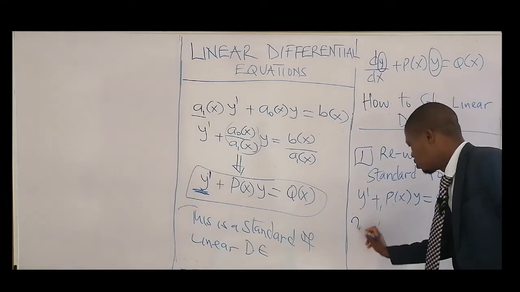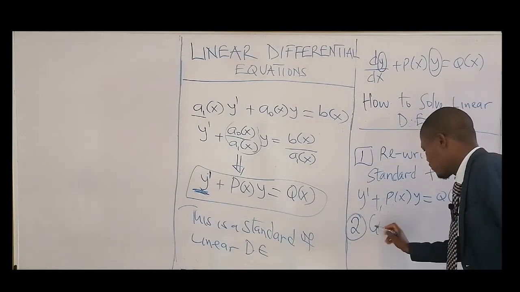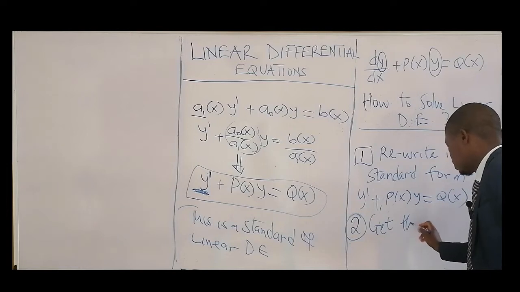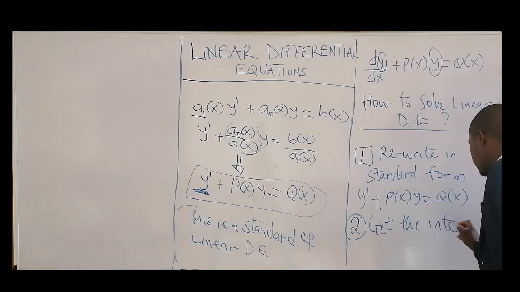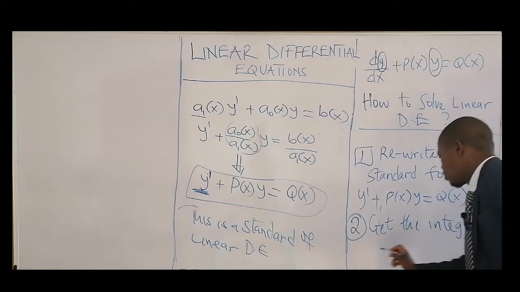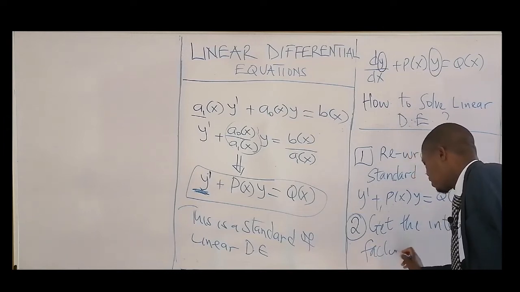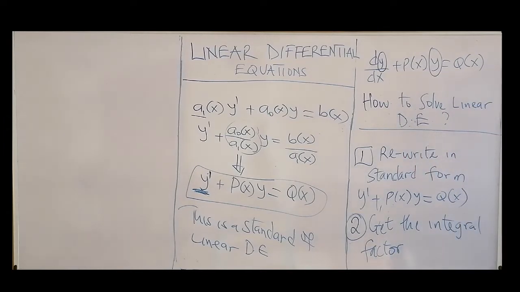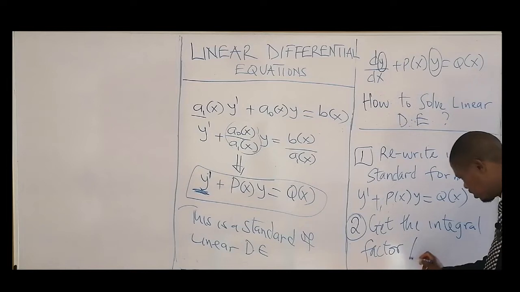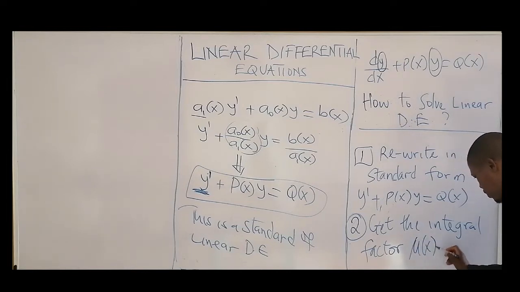Okay, so step 2 is to get the integral factor. And the integral factor has a formula, which is e to the power of integral p of x dx.